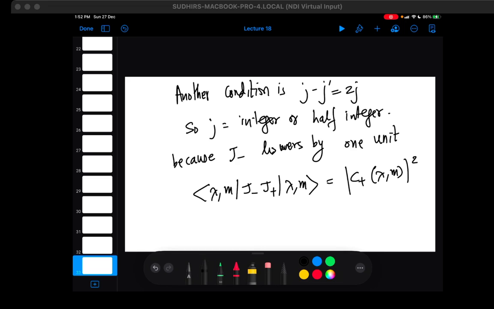Now again we use the same technology, because we have used c plus c minus.